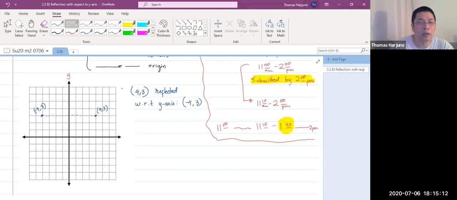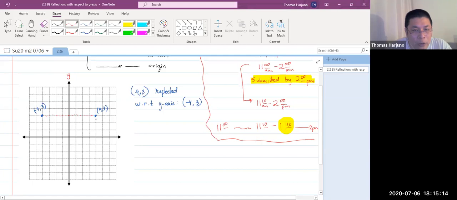When I reflect that with respect to the x-axis, notice that it will have the same x, but the y will be the opposite. With respect to the x-axis, it will be the same x, opposite y.